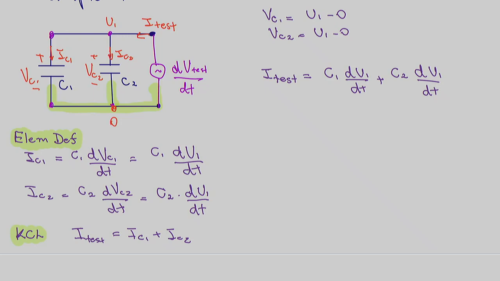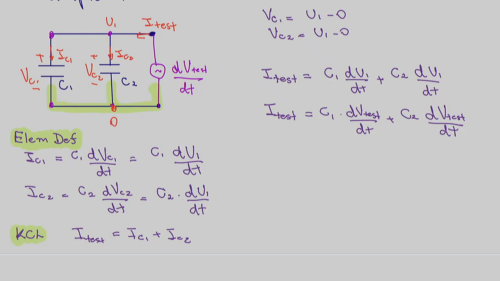They are the same. Very good. So now let's write again to make it even more clear what's happening. I test is going to be C1 times dV test dt plus C2 dV test dt.